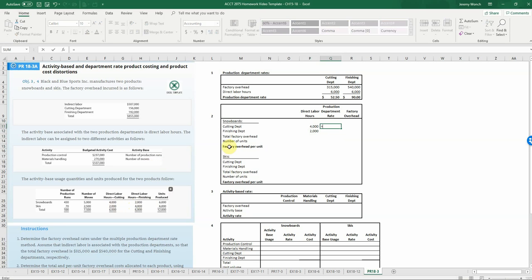Then our cutting department rate we calculated here, and the finishing department rate we calculated here.